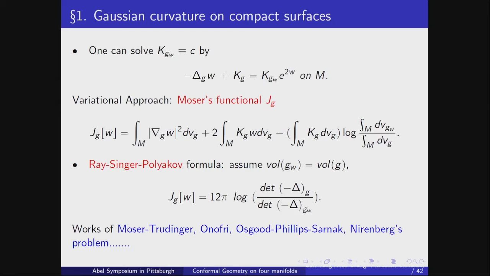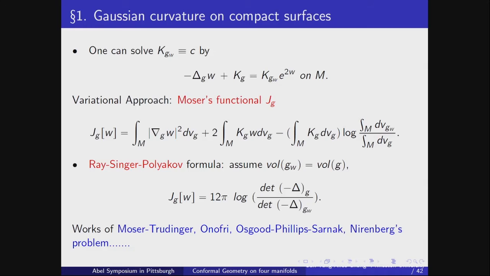That was introduced by Jürgen Moser to study this problem. It turns out this functional also has another geometric meaning, okay? That's related to Ray-Singer and the so-called Polyakov formula.